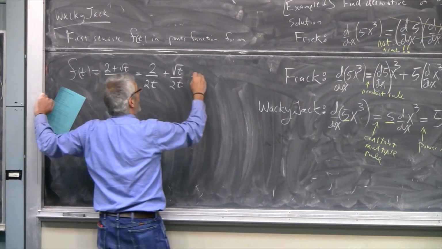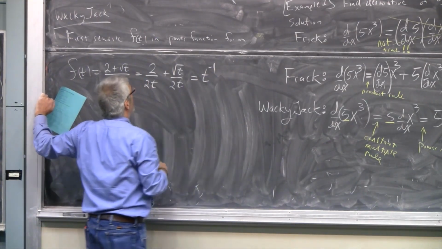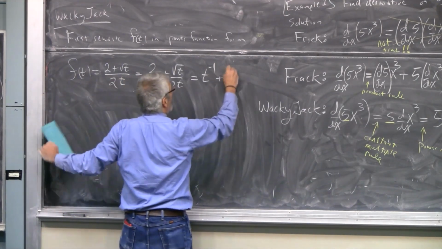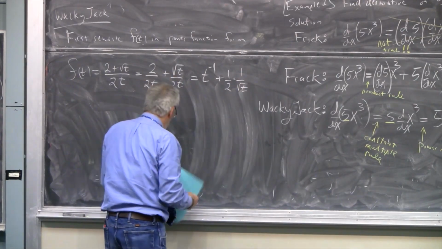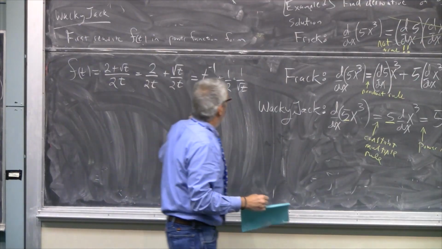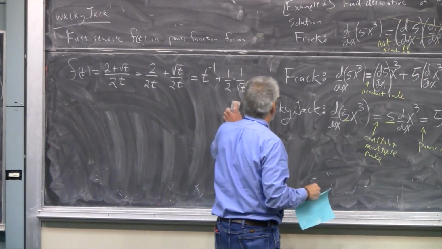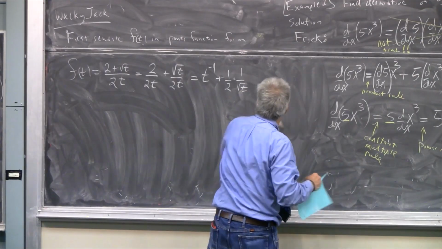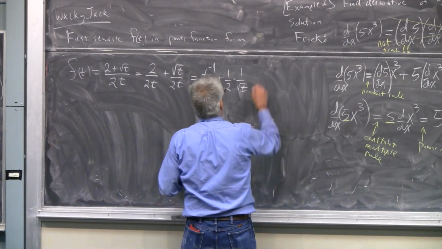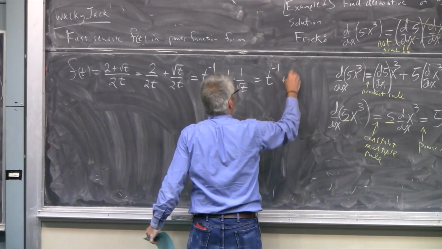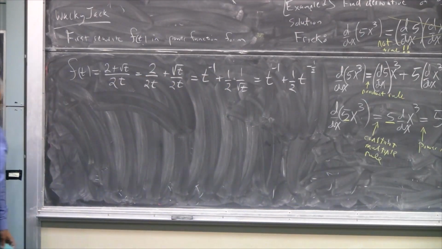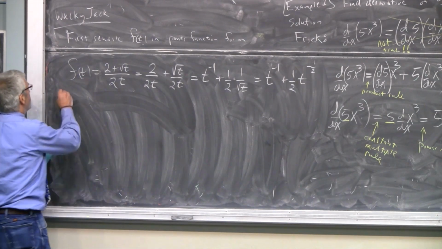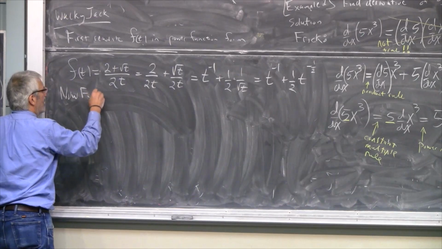But those 2's cancel, so I get t to the minus 1. And over here I get 1 half times 1 over square root of t. But that can be simplified. That's not in power function form yet. One half t to the minus 1 half. Notice Wacky Jack has not found the derivative. They've just rewritten the function. Now find f prime.